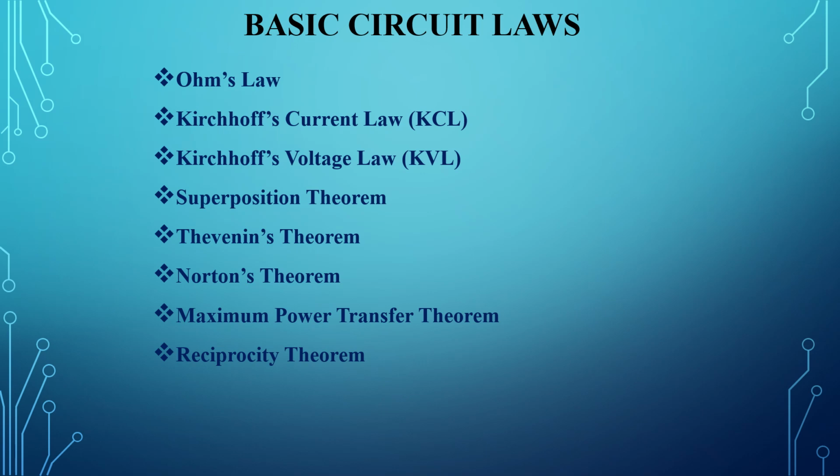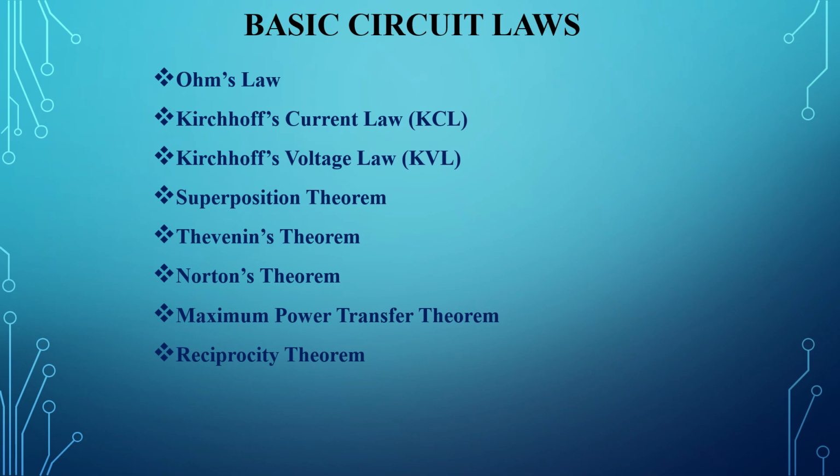Current, we all know what is current. Current means the flow of electric charge. The unit of the current is ampere, and voltage means the potential difference. Resistance means opposition to the current.